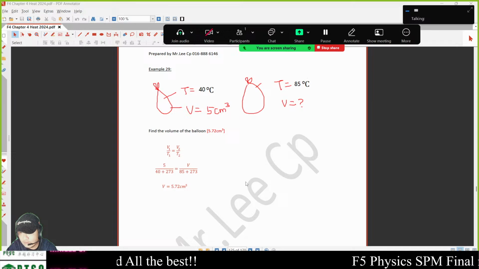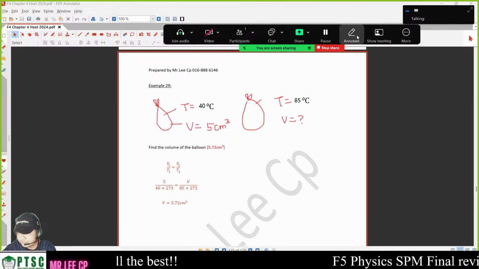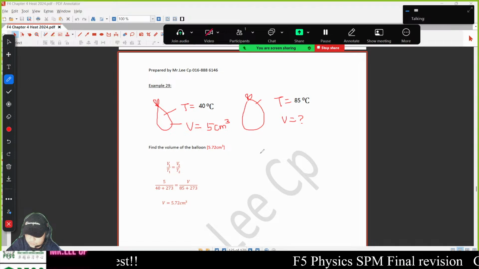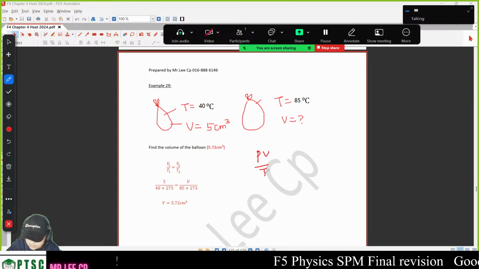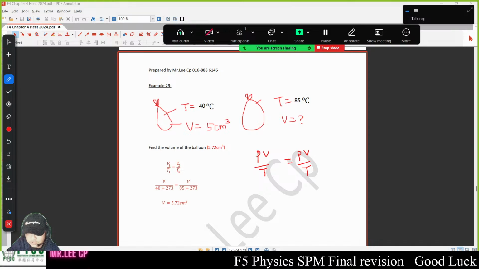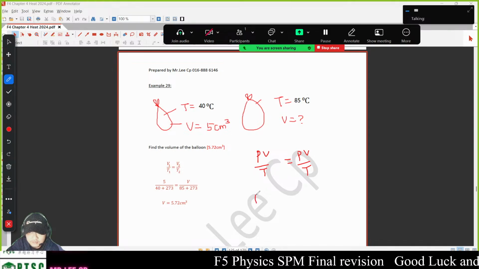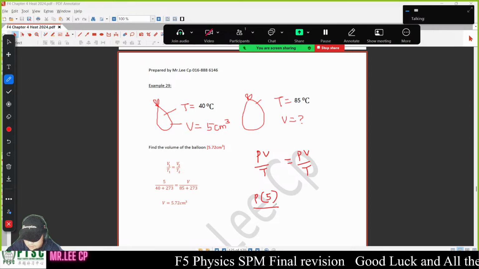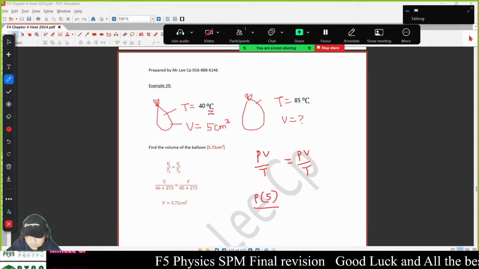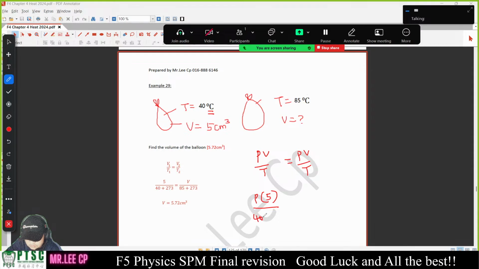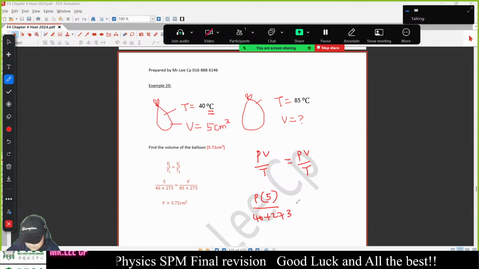For example, I got this one. If you don't know which law, you are okay, use PV over T in the objective. P, we don't have it, leave it. V is 5. T is 40, but this is in degrees Celsius, so make sure you change it to Kelvin: 40 plus 273.